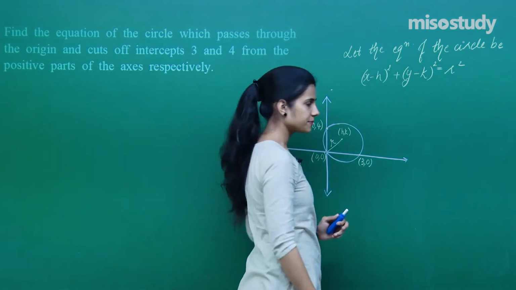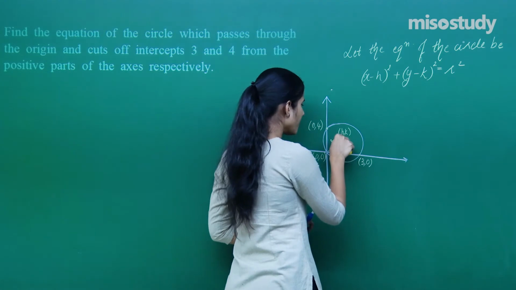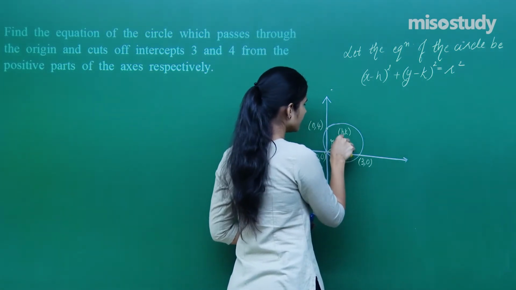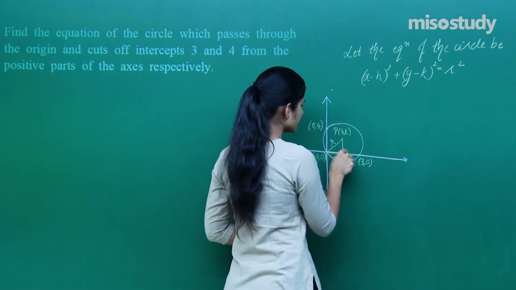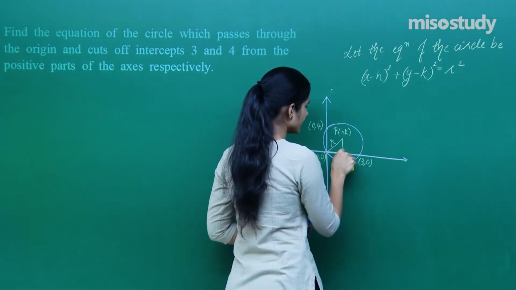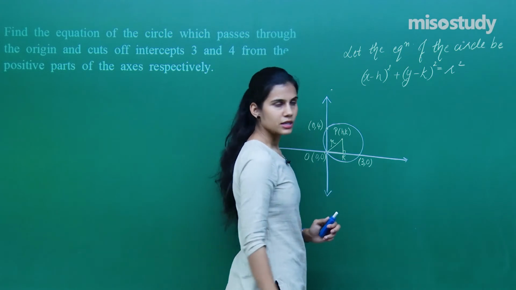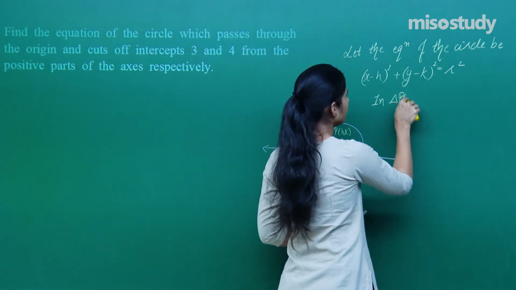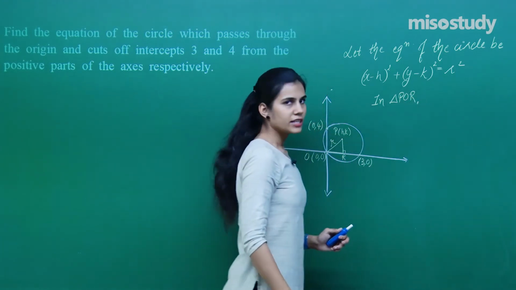Now if this is r, drop a perpendicular here and talk about this triangle. So this point is P, this point is O, and say this point is R. In right angle triangle POR, what are you getting?